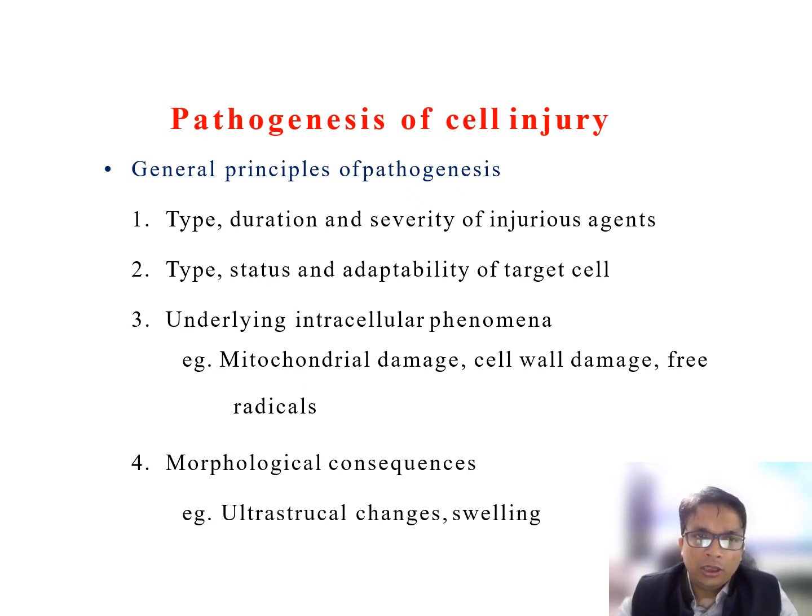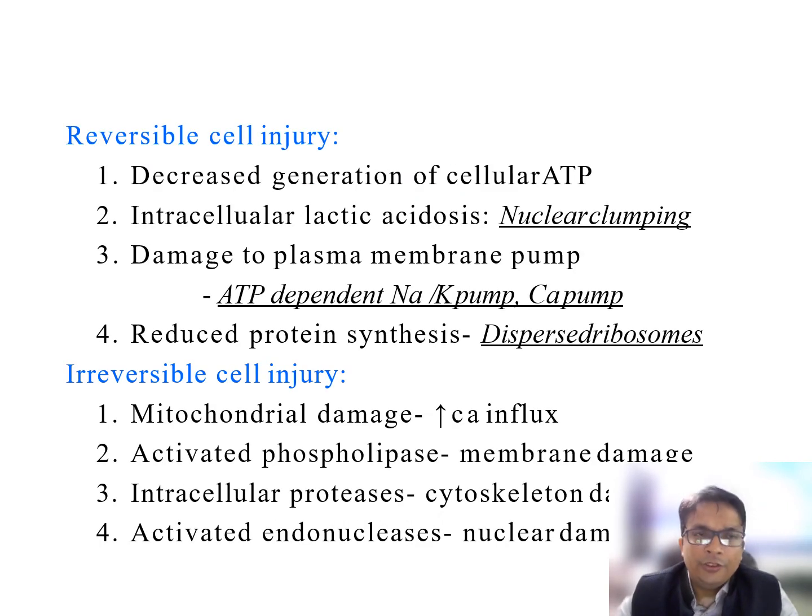In my last presentation, we dealt with the types of cell injuries, like reversible cell injury and irreversible cell injury, which we discussed in detail. So pathogenesis also depends on which type of cell injury is there.